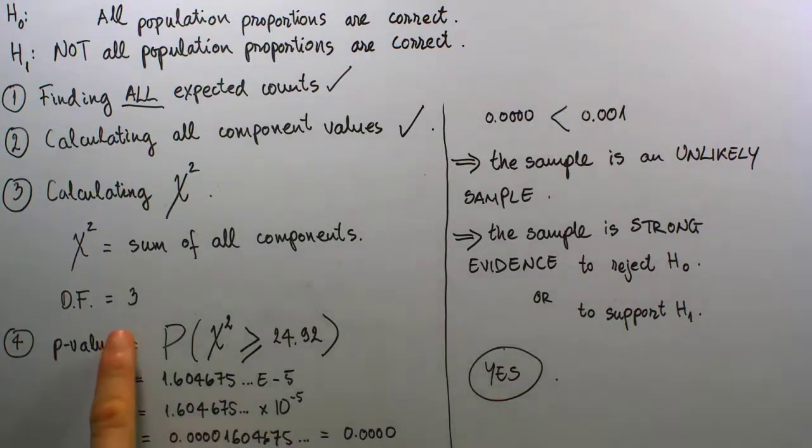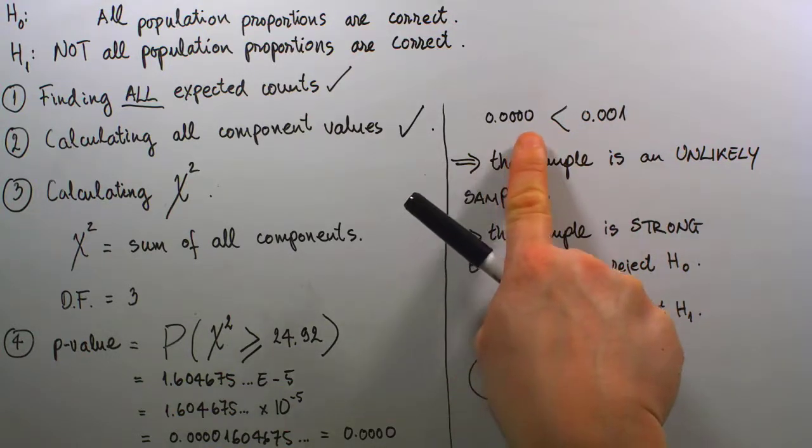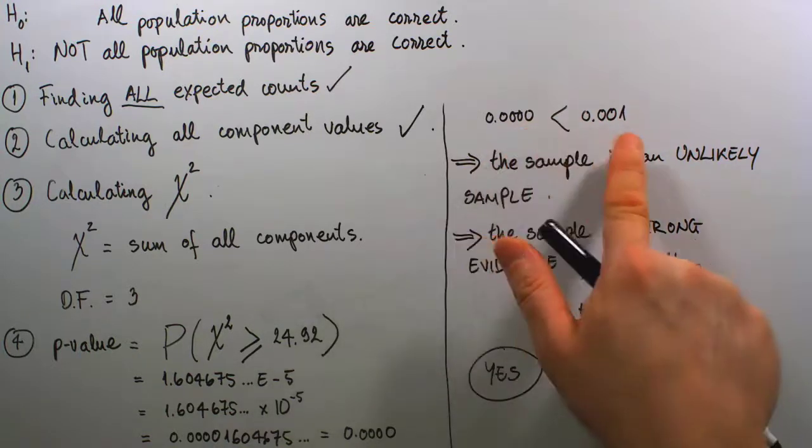Degrees of freedom will always be the number of categories that we're trying to fit minus 1. Once we have our chi-square value, we set up the final p-value always as a right tail test. Once we've calculated the p-value, the next step is just as standard as any other hypothesis testing problem, where we compare our final p-value with the given significance level.